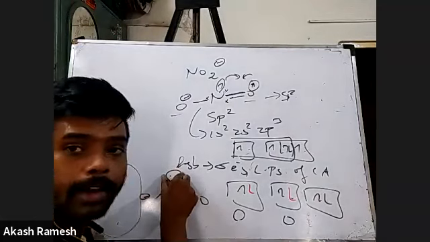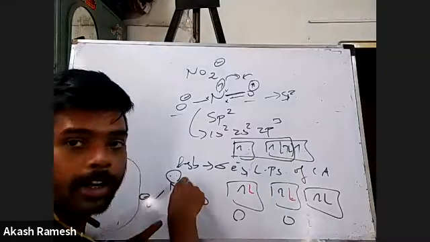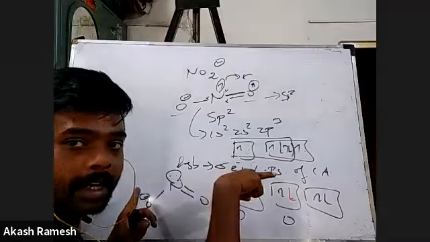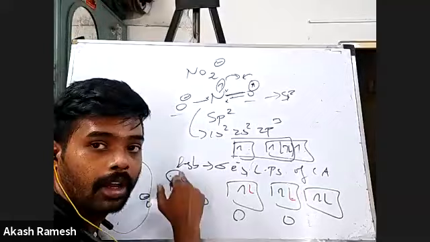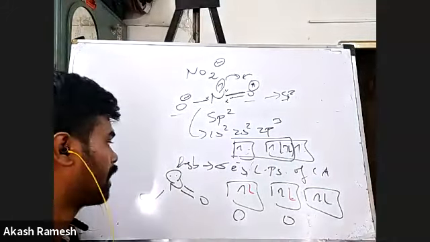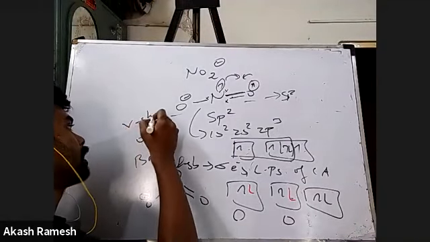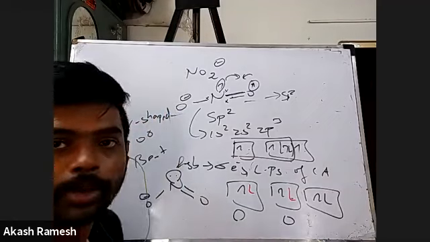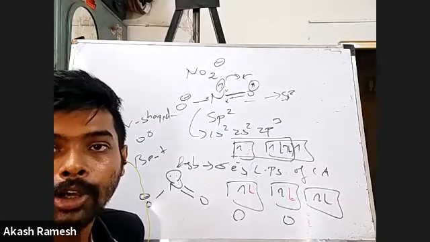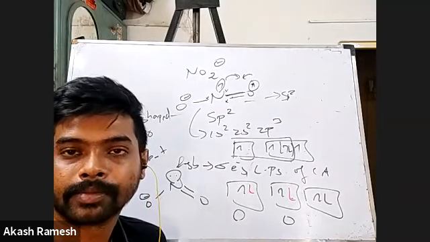If this lone pair was not there, it would have been linear. But because of the presence of this lone pair, the lone pair-bond pair repulsion makes the bonds constrict, bringing out a bent, or V-shaped, molecule. Any doubt, guys?